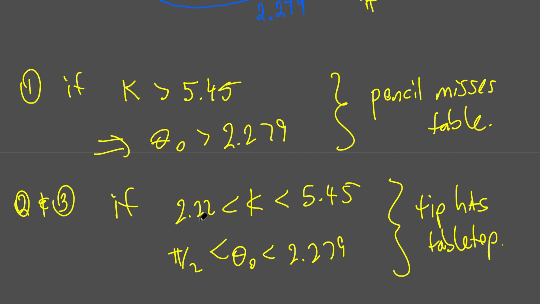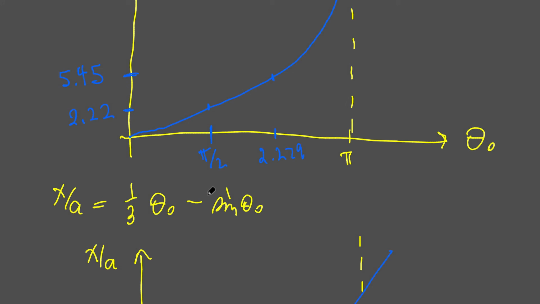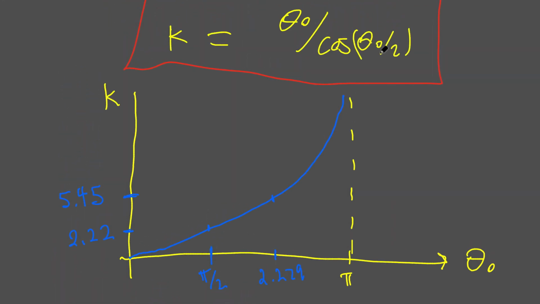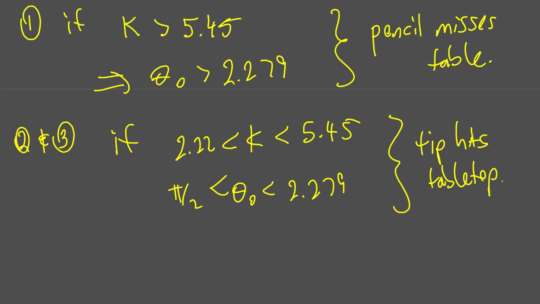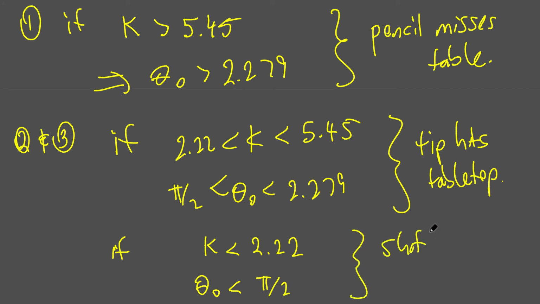By the way, this value 2.22 comes from evaluating this at theta naught equals pi over 2, so that's just pi over the square root of 2. And finally, if k is less than 2.22, then theta naught is less than pi over 2, which tells us that the shaft hits the table corner.